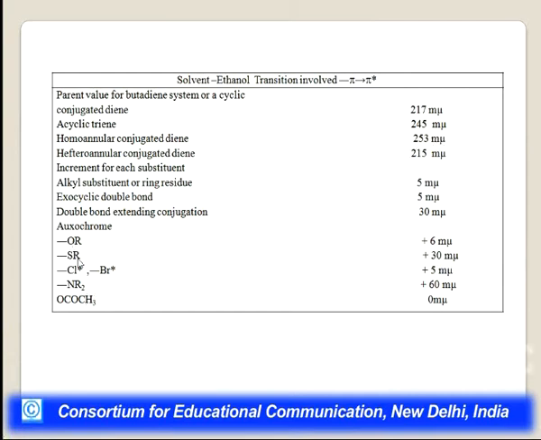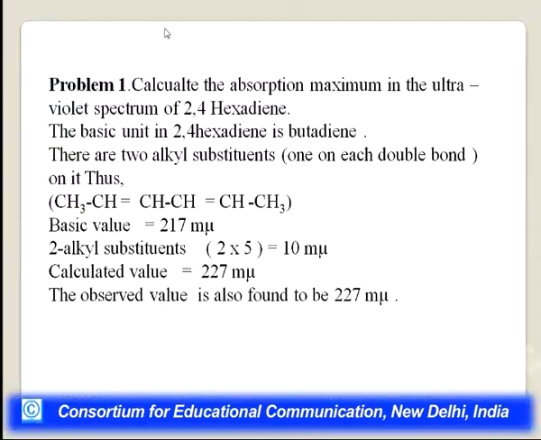For SR, 30 millimicron. For Cl, Br, plus 5 millimicron. For amines, plus 60 millimicron. For the acetate group, the contribution is 0. And we are discussing here the solvent ethanol, and the pi to pi star transition.